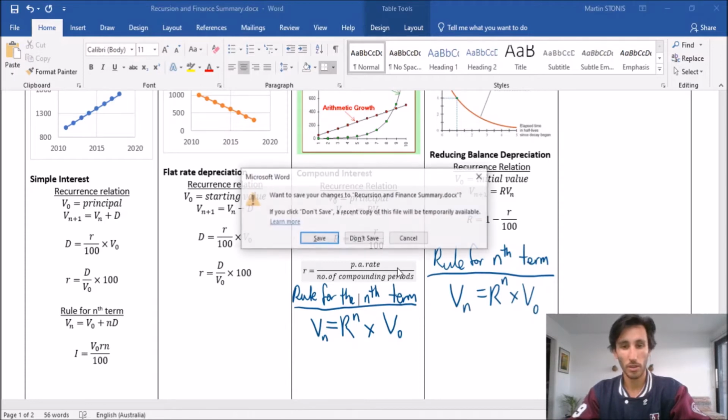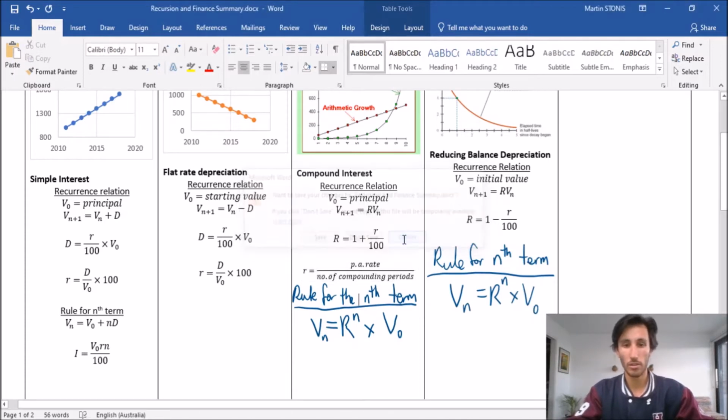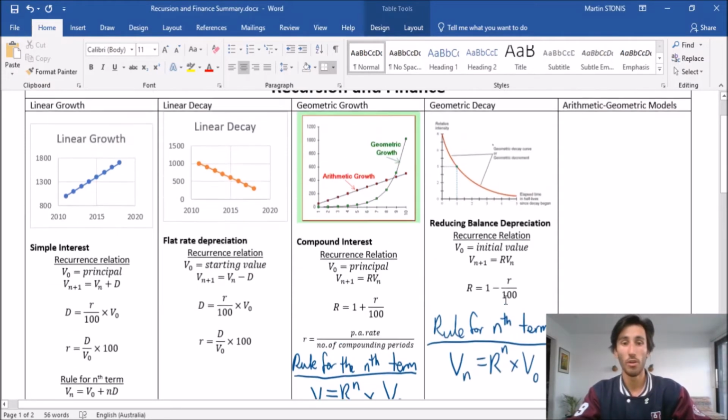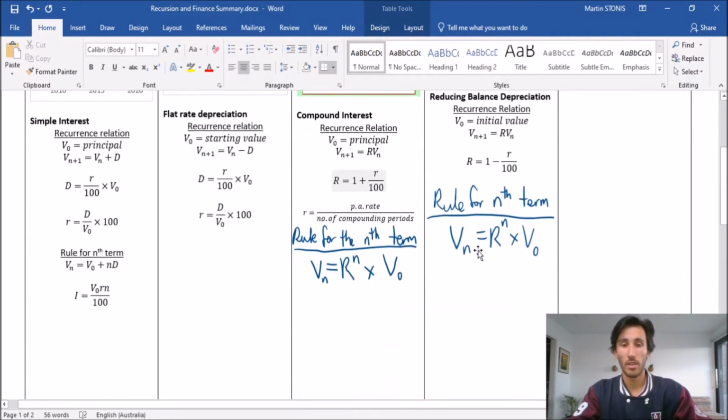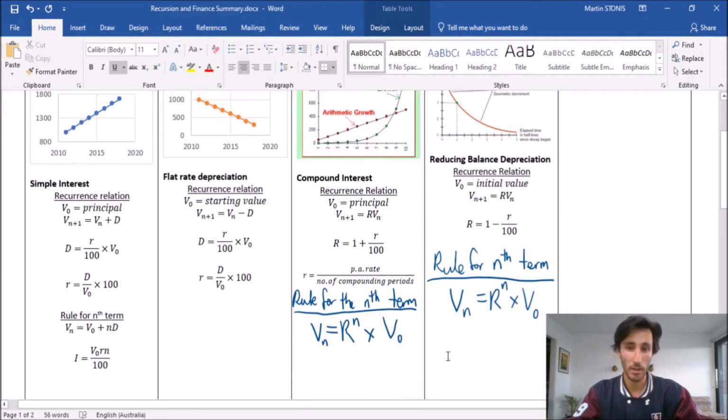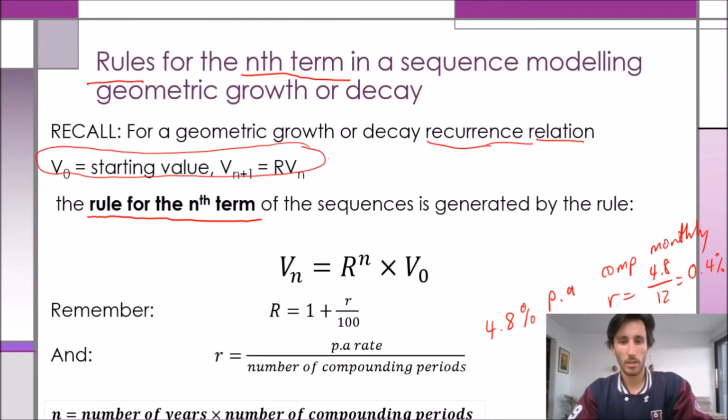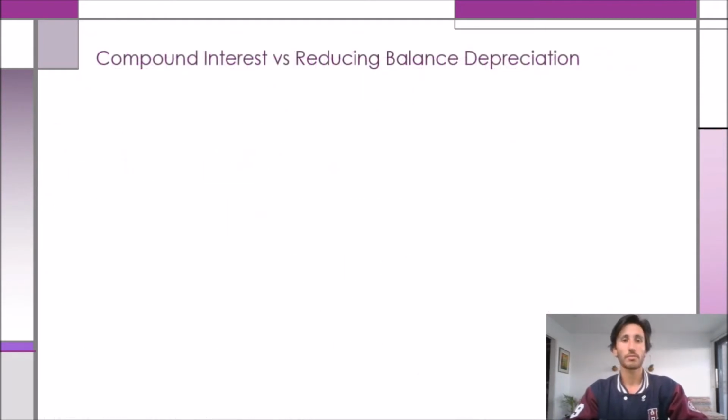So you want that in your notes somewhere, and you should see that these two rules are the exact same for both geometric growth and geometric decay. The only difference is this 1 plus r over 100 and 1 minus r over 100. So that's the difference between compound interest and reducing balance depreciation for those things. All right, so we got our notes down.